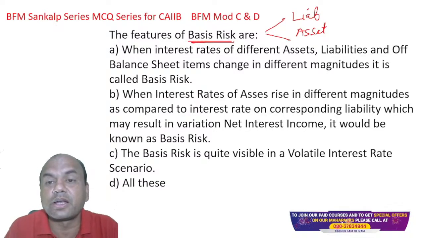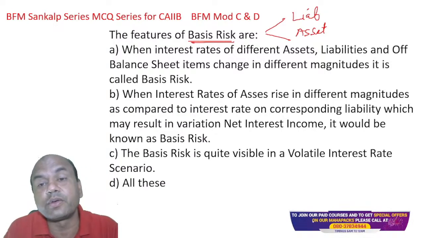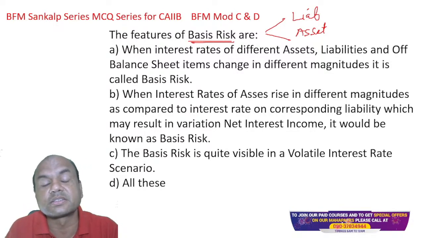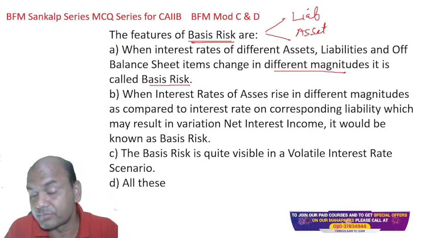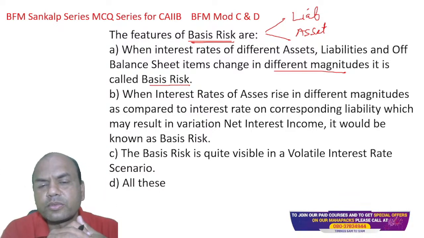For example, the rate of interest of deposits changes by 2% and the rate of interest of loans changes by only 1%. That is known as basis risk. When the interest rates of different assets, liabilities and off-balance-sheet items change in different magnitudes, it is called basis risk. Now you tell me, is A true? Is A the correct answer?